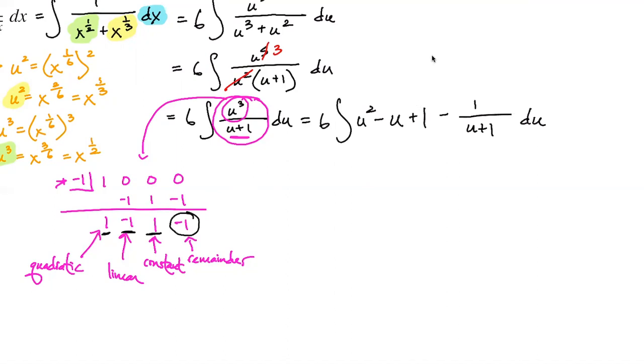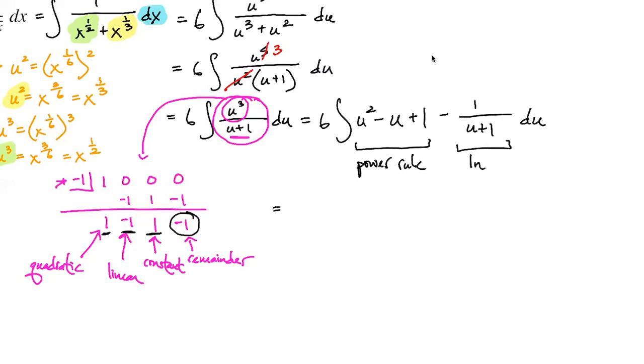Okay? And so now I have 1, 2, 3, 4 mini integrals, but all of them are ones I know how to do. I've got the first 3 where I can solve using power rule. And then the last one, which is the one exception to the power rule, I'm going to end up with a natural log.